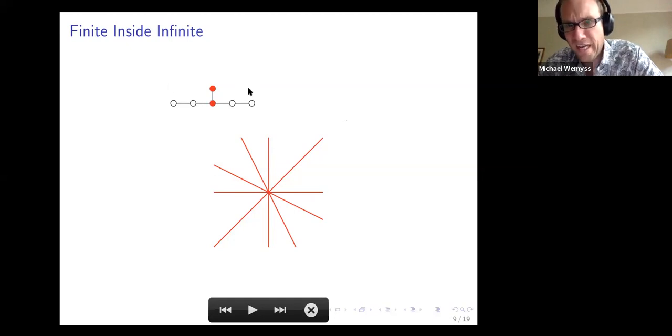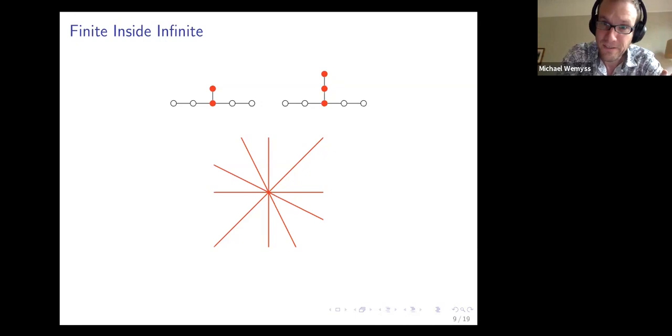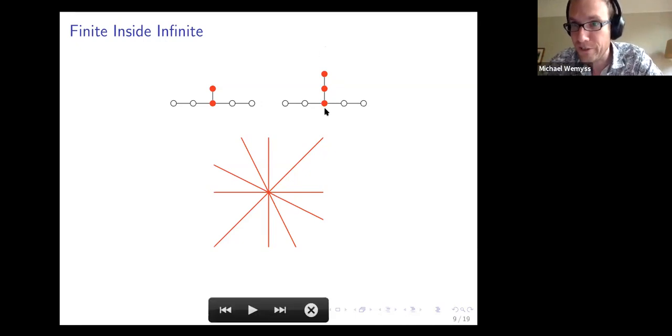Now, I can get from here to an extended vertex just by formally sticking one in. So I take this choice and I just formally stick a red thing on the top. And I get a choice of 3 objects inside an extended diagram.